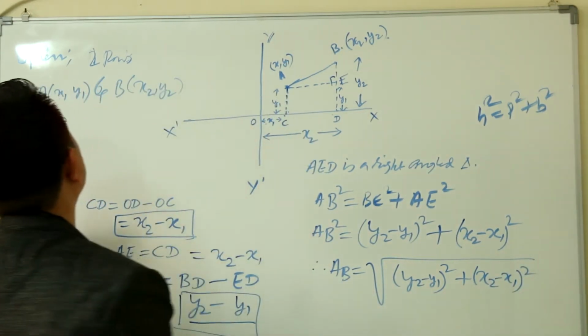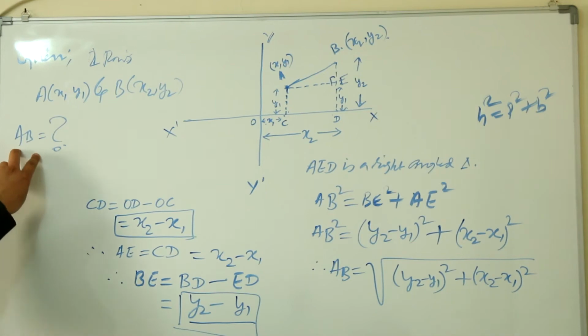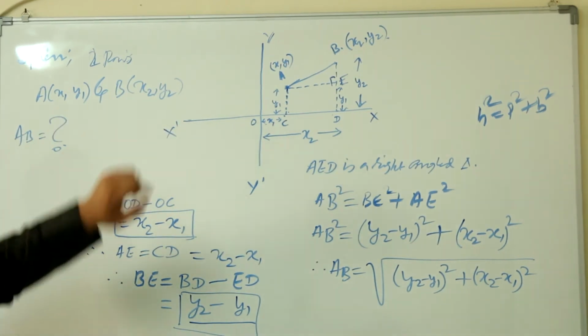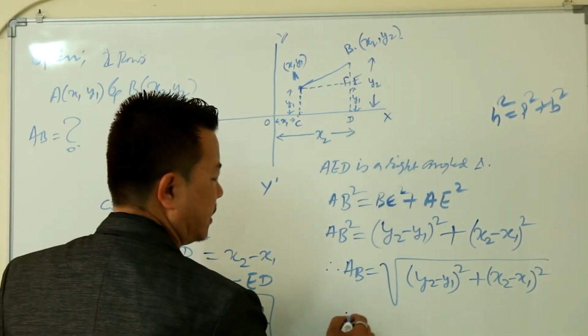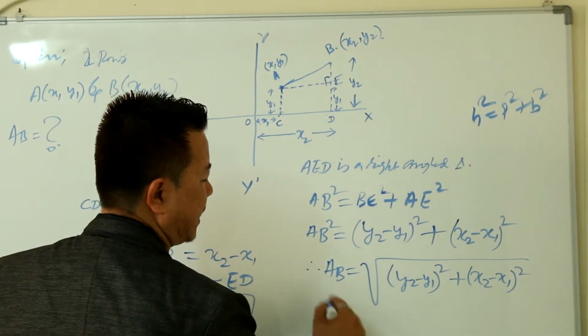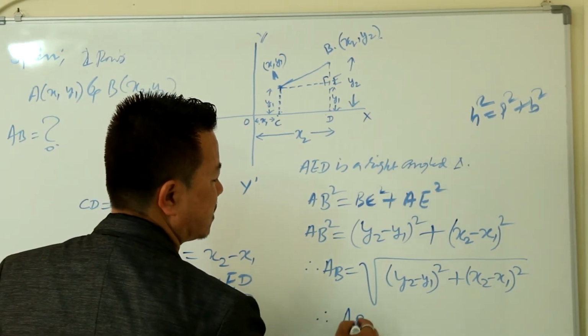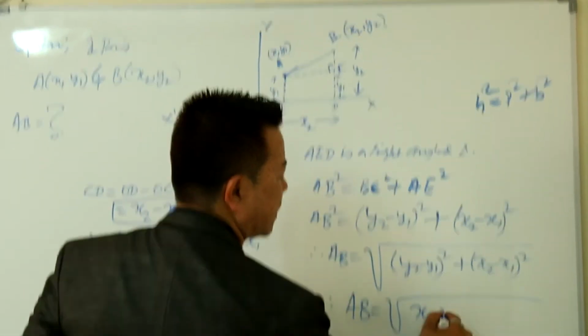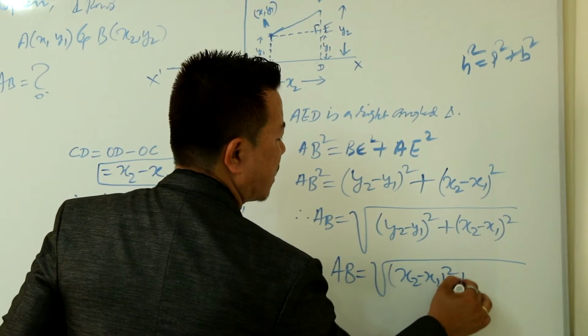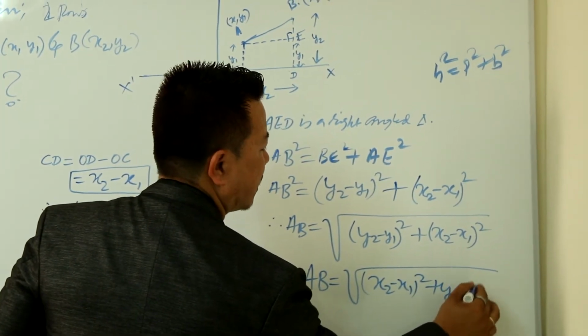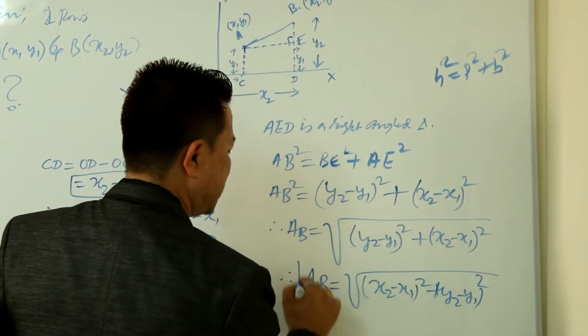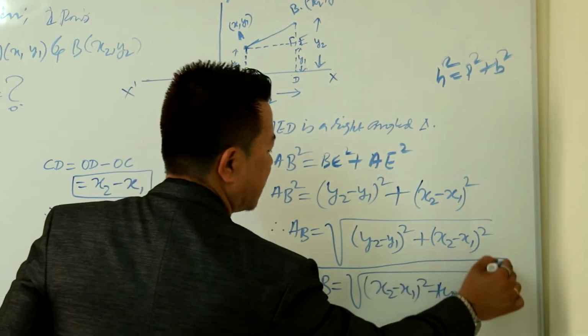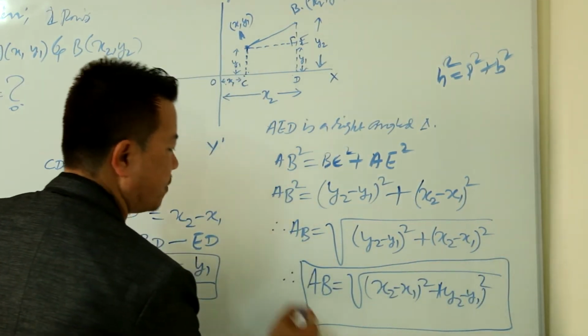So now AB is the distance that we are deriving here. So we can write, therefore, the distance formula: AB is the distance. AB is root over x2 minus x1 whole square plus y2 minus y1 whole square. This is the formula that you can apply on various types of problems.